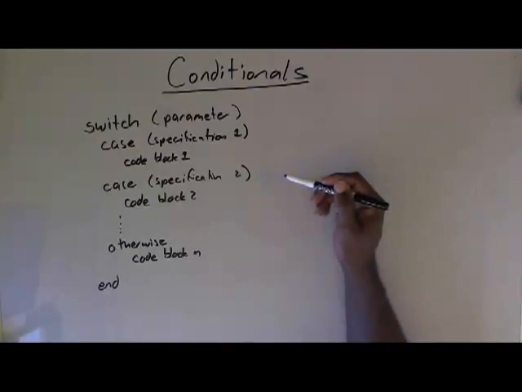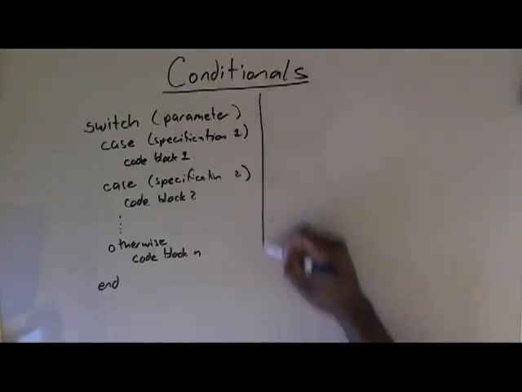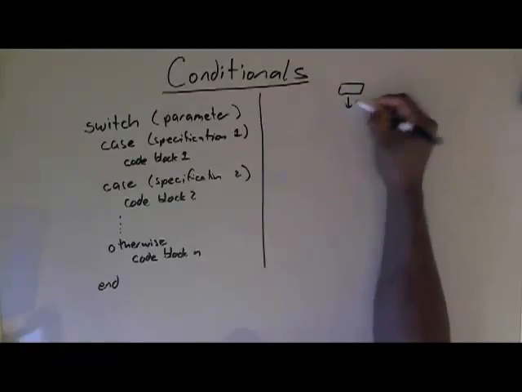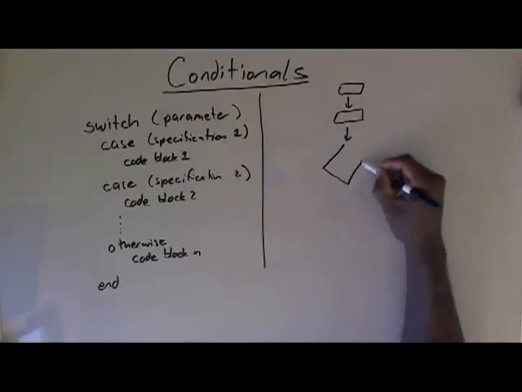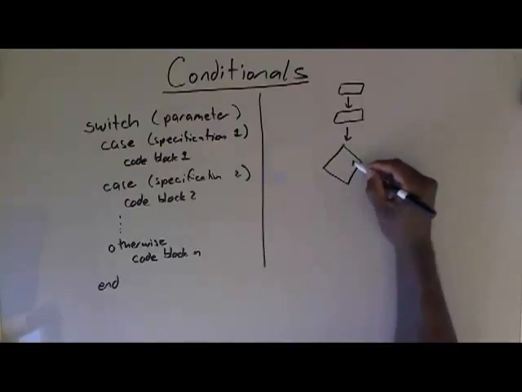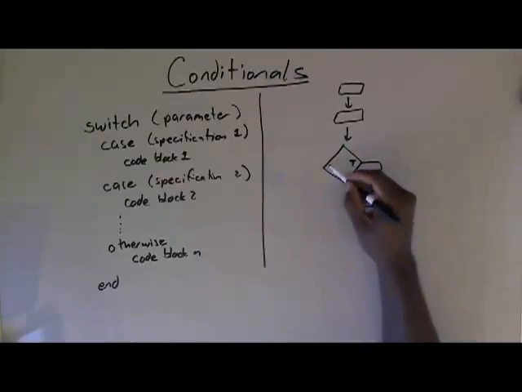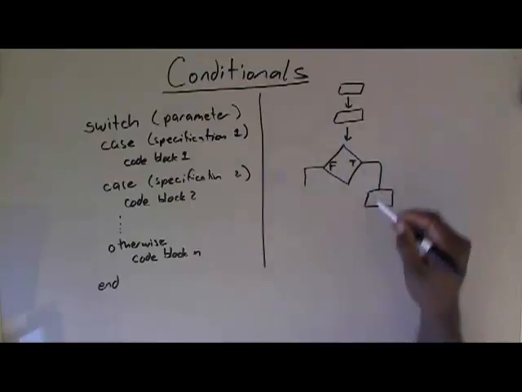If we look at it as a block diagram, remember with the if statement, we came in here and you had statements, code blocks, and then you had the diamond, and if it were true, you did this. If it were false, you came here and did this.